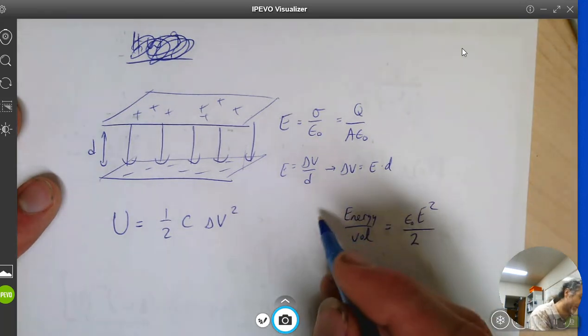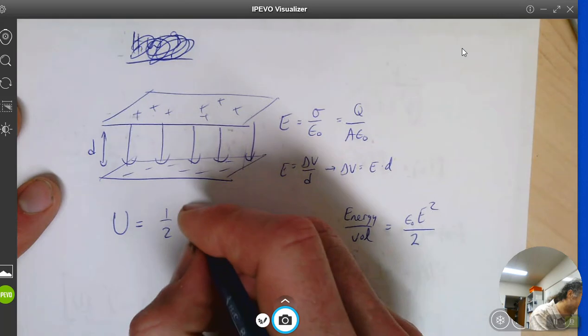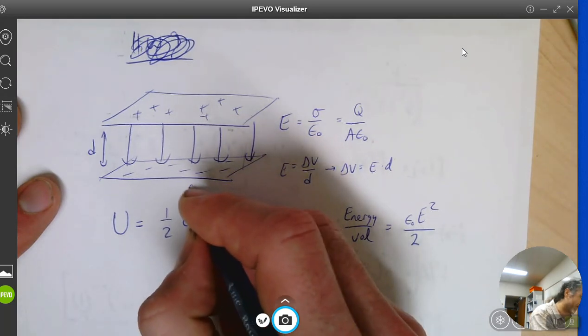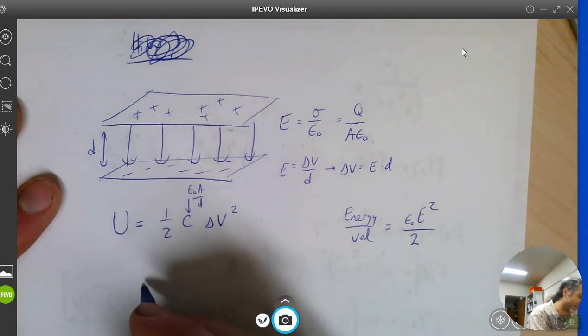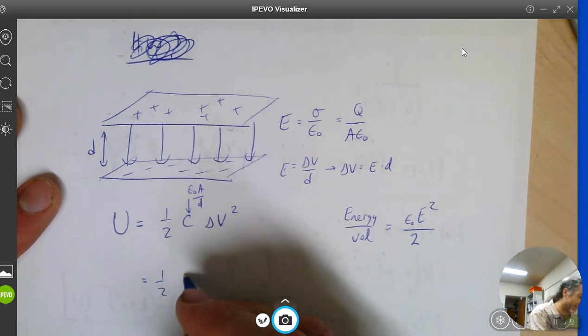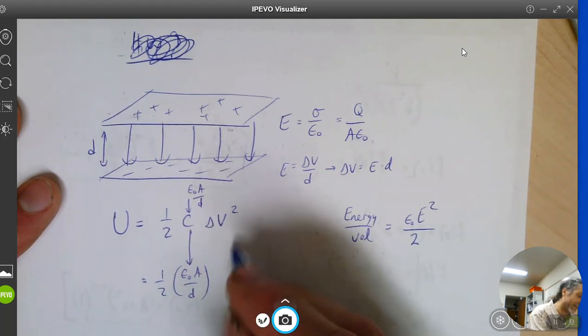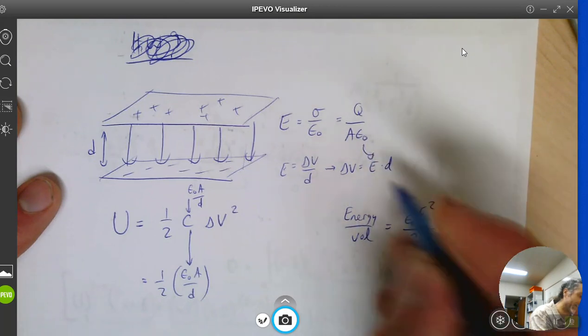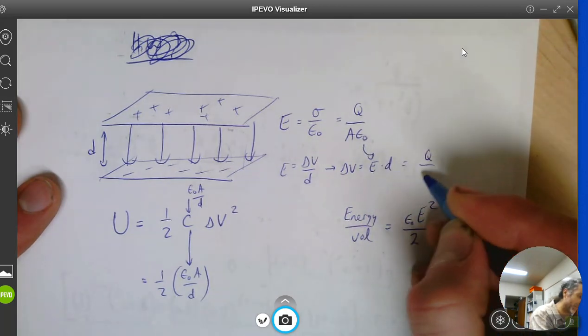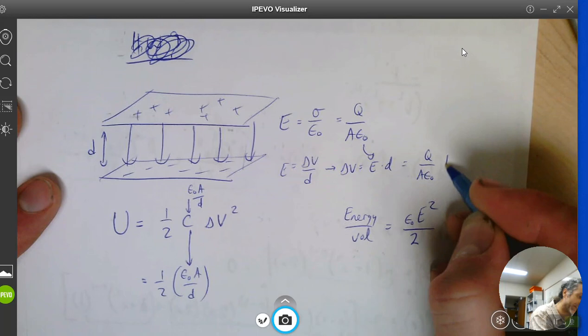So if I wanted to, I could also see that for a capacitor, the capacitance is epsilon naught A over D, so I could replace the capacitance with epsilon naught A over D. And for the voltage, I could rewrite this as ED, where I'm changing E to Q over A epsilon naught, and then this is my D here.